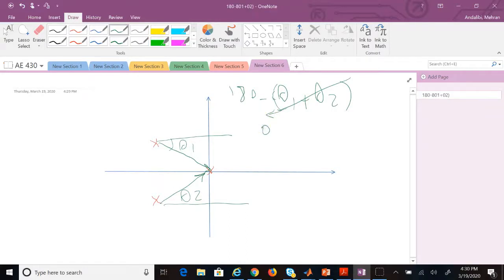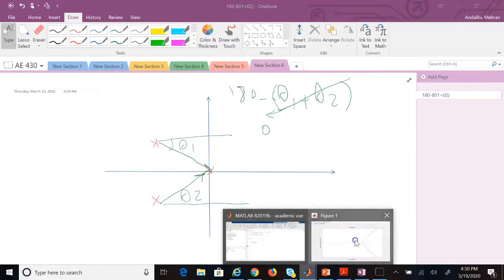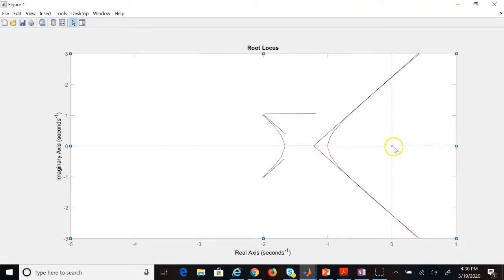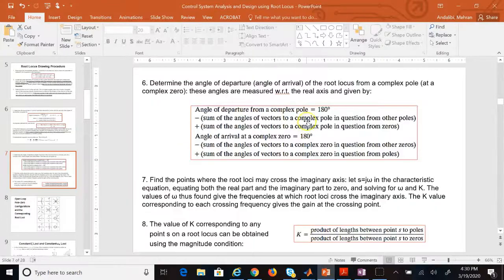So the angle of departure from the pole at 0, P1, should be what? 180, and clearly you see it here, right? The tangent to the root locus, which is horizontal itself, the angle of that with respect to the horizontal axis is 180, and that is completely right. So we did go through number 6.